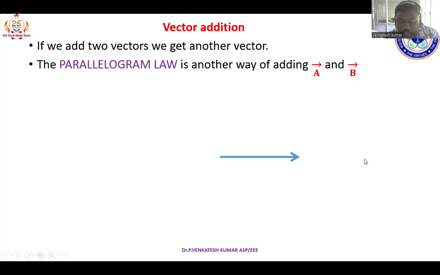But in a graphical representation we use the parallelogram law. With the help of the parallelogram law, we represent the addition of A vector and B vector. Here is A vector, and this is B vector.